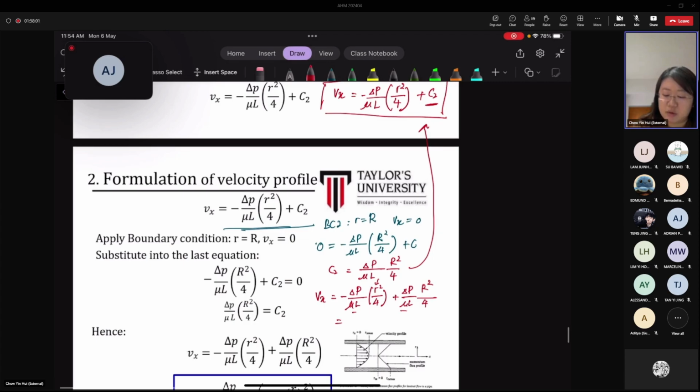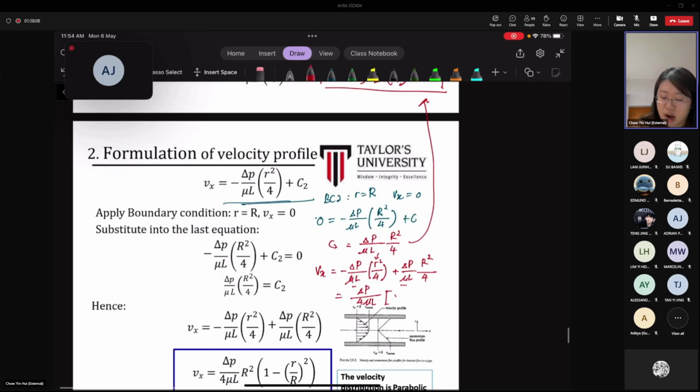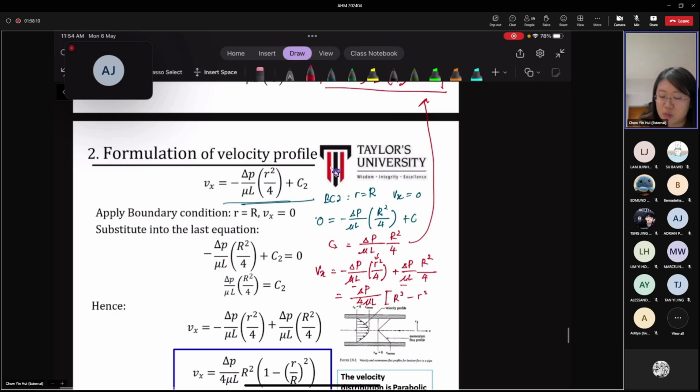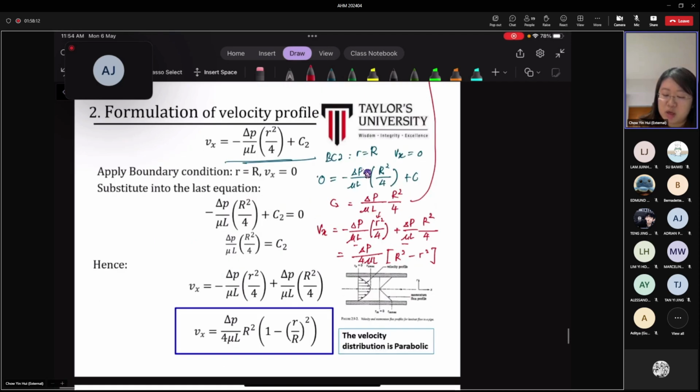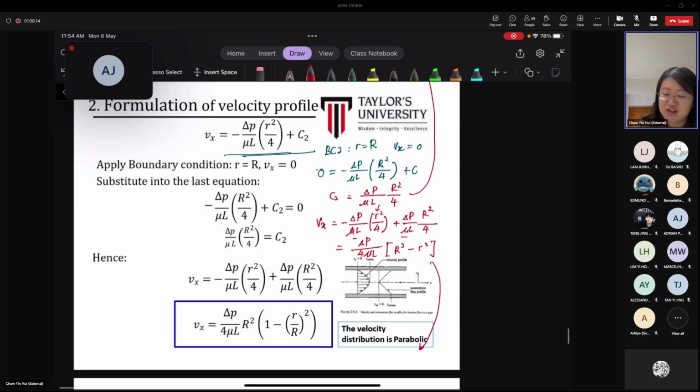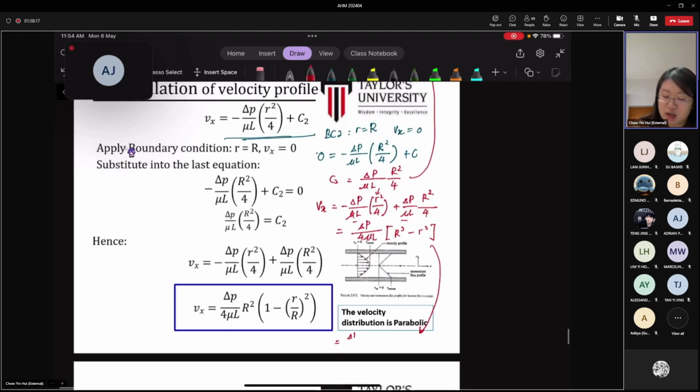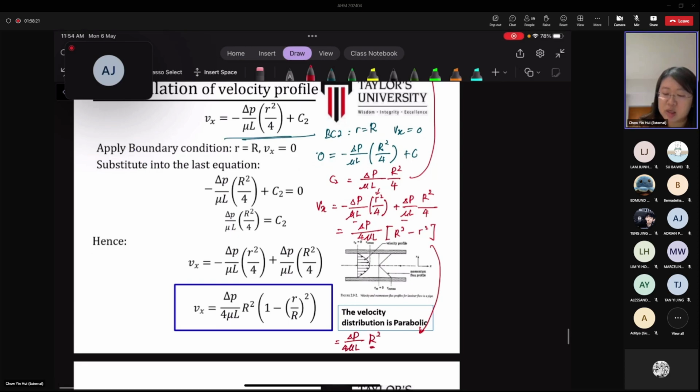So it's delta P over 4 mu L times big R squared minus small r squared. Or you can further factor out the R squared, since the inner radius of the pipe is a constant value, which means it's 1 minus the small r divided by the big R, the whole thing squared.